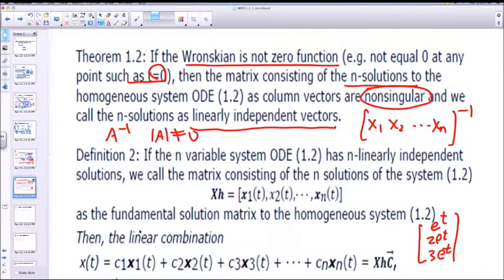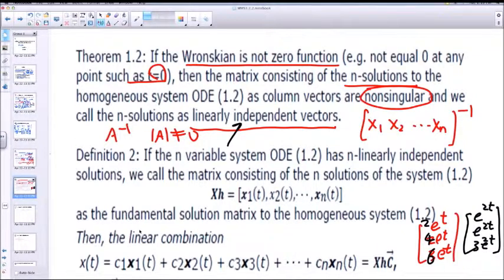If this is a solution, by the superposition principle, twice over here, twice here, twice here, that's again another solution. You got a second one? No, that's the same one because they are dependent. Unless you get something significantly different, like e to the 2t, 2e to the 2t, 3e to the 2t, well, you know that's different. That's what the concept means, linearly independent. You need a significant difference.